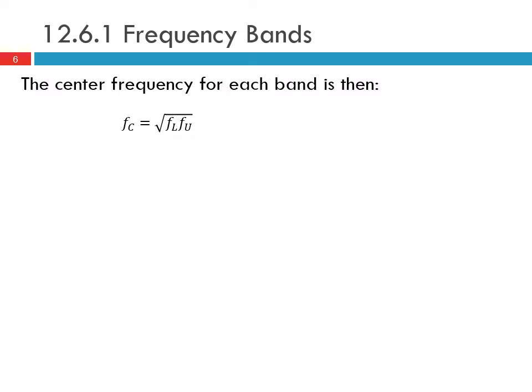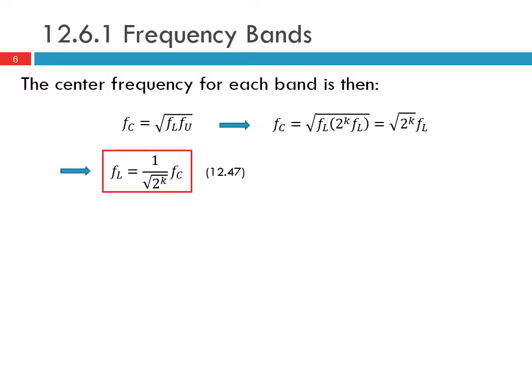The center frequency for each band is FC equal to the square root of FL FU, which is the square root of FL times 2 to the exponent k FL, which is equal to the square root of 2 to the exponent k times FL. Or FL is equal to 1 over the square root of 2 to the exponent k, times FC. Similarly, FU is equal to the square root of 2 to the exponent k, times FC.